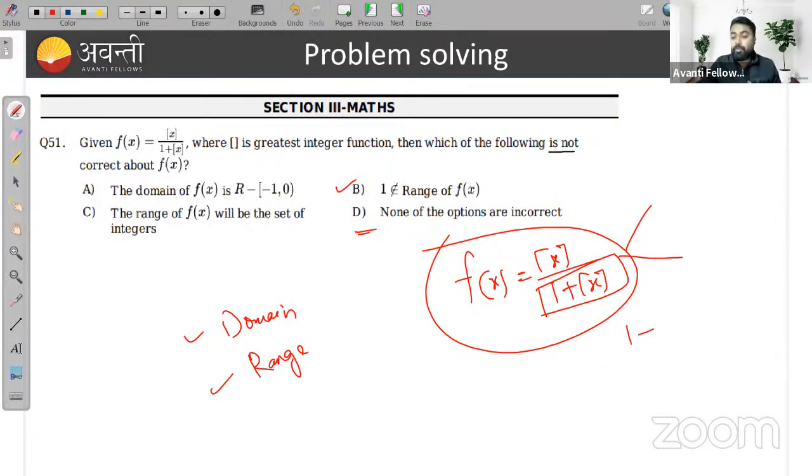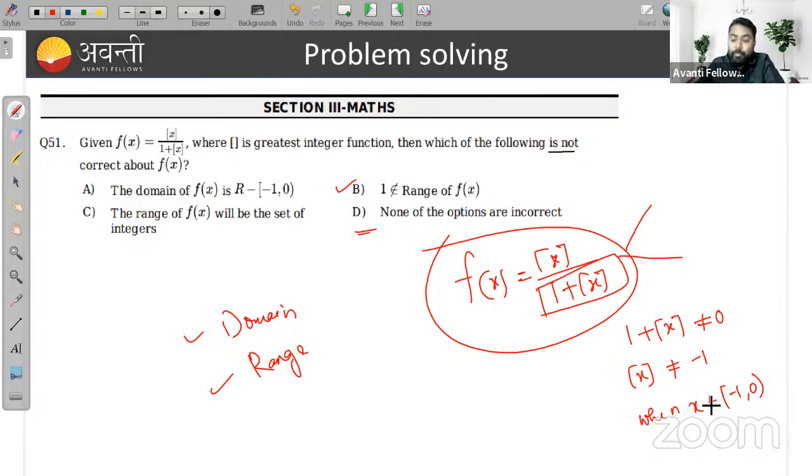That means in the denominator, 1 plus greatest integer of x is not equal to 0, so greatest integer of x must not be equal to minus 1. Greatest integer of x becomes minus 1 when x belongs to minus 1 to 0. Is that clear or not?